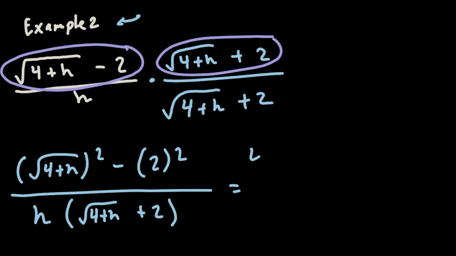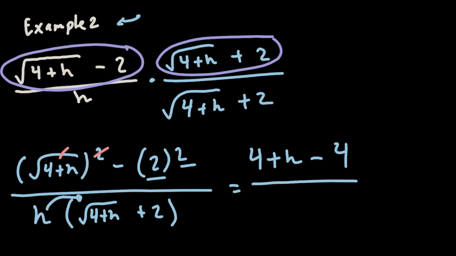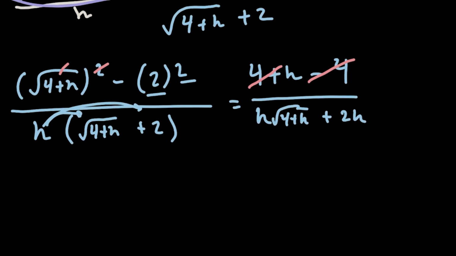We'll have 4 plus h, because the 2 and the square root will be cancelled, minus 2 to the power 2, which is 4, over, here we can distribute this h, so we will have h times the square root of 4 plus h plus 2h, and as you can notice, this 4 and this 4 will be cancelled.